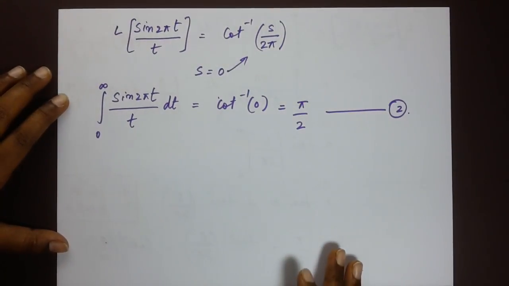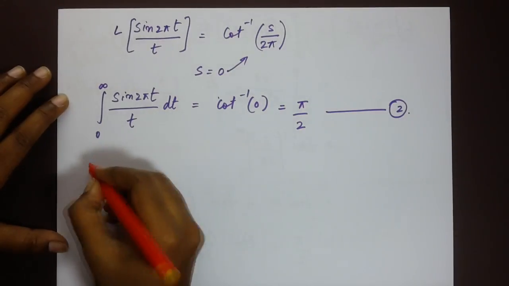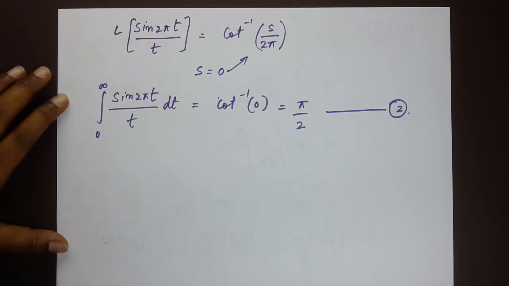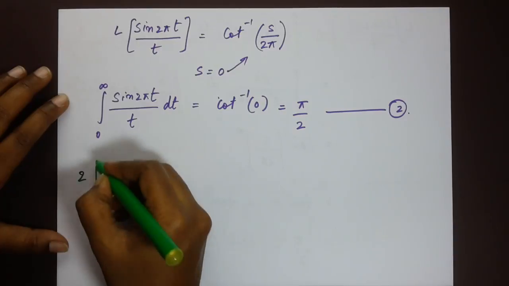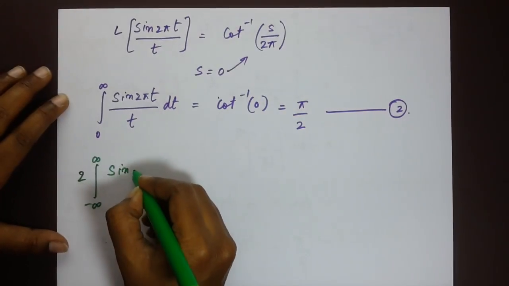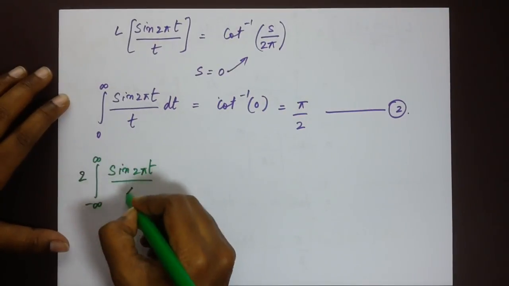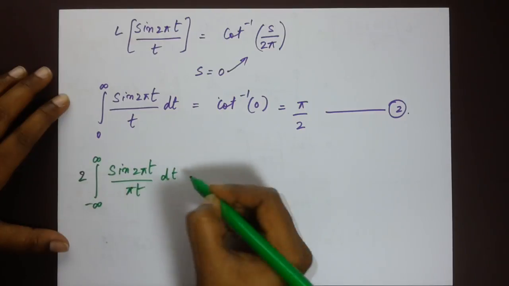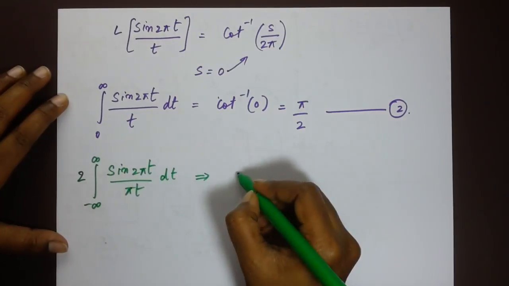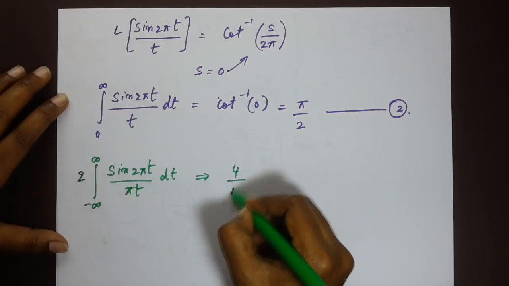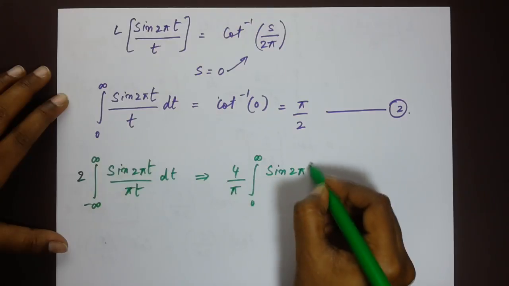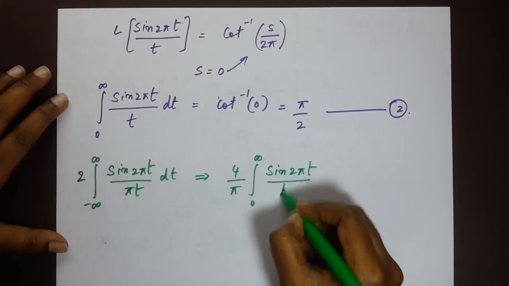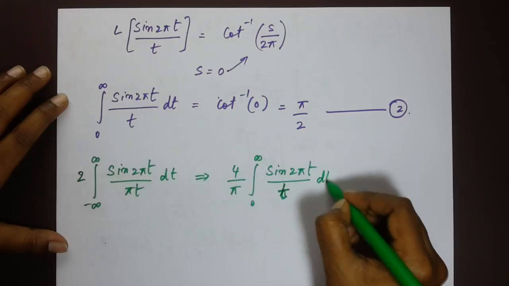So now let's look at what we had at the very beginning. I'm sorry, I just take another color. We had 2 times the integral from minus infinity to infinity of sine 2 pi t by pi t dt. This is what we started with, and we came to a point where we had 4 by pi times the integral from 0 to infinity of sine 2 pi t by t dt.